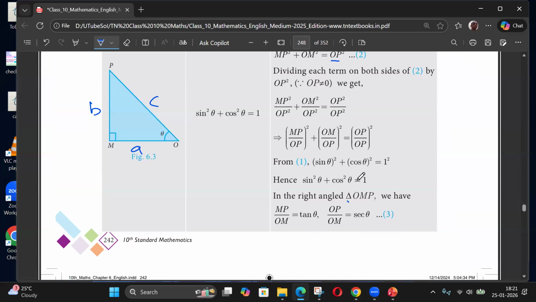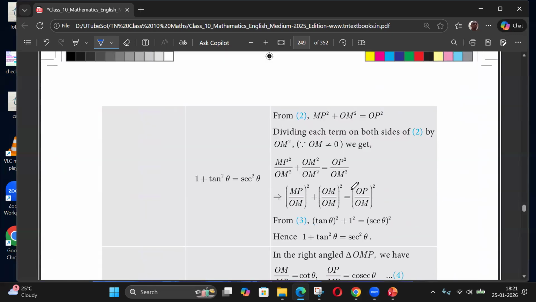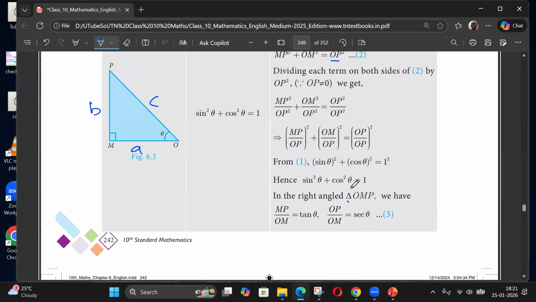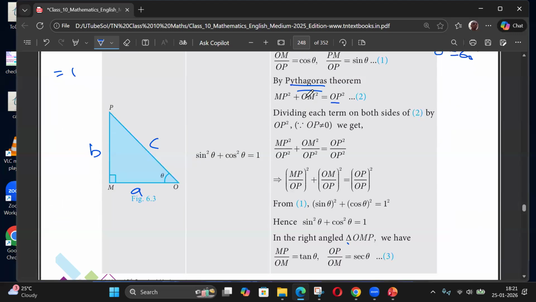So once you have sine square plus cos square equal to 1, instead of dividing by sine square or cos square, you can divide this thing by OM square, with hypotenuse square. You basically have to get 1. So first divide by OM square, and in the second case you divide by MP square.